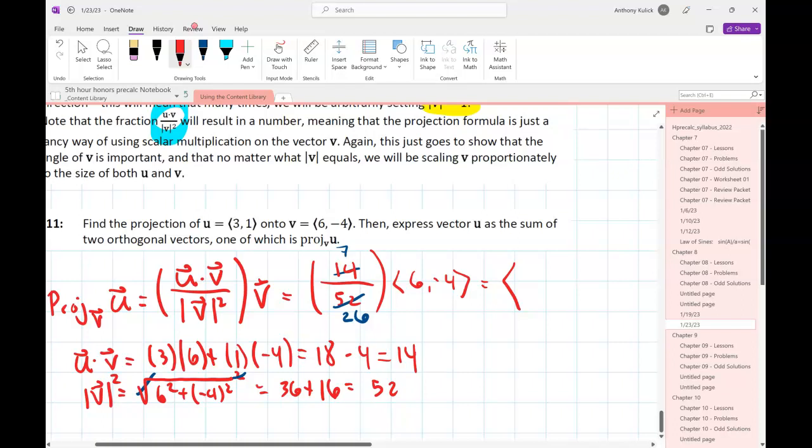So 7 over 26 times 6 is going to be 21 over 13. I reduced as I multiplied there. And then that's going to be negative 14 over 13. Again, I reduced as I multiplied.